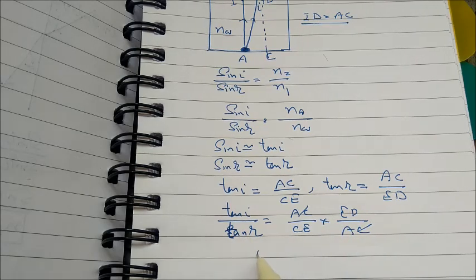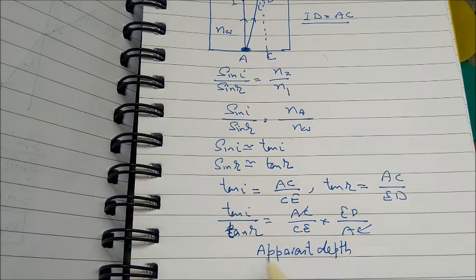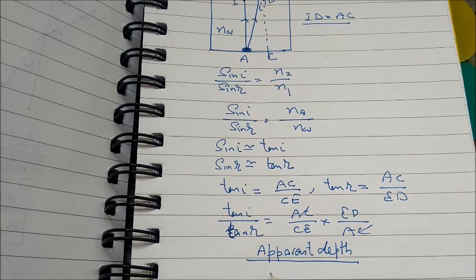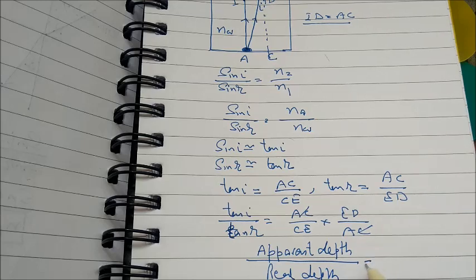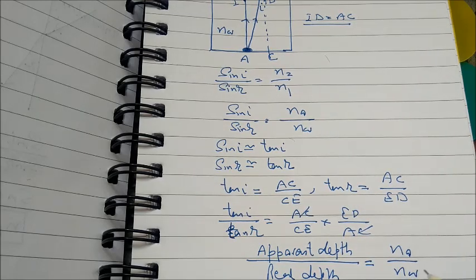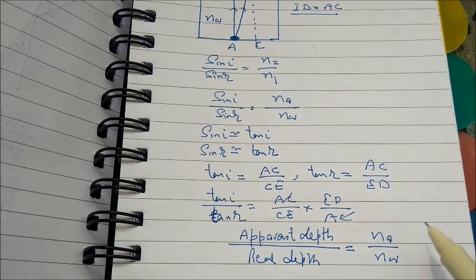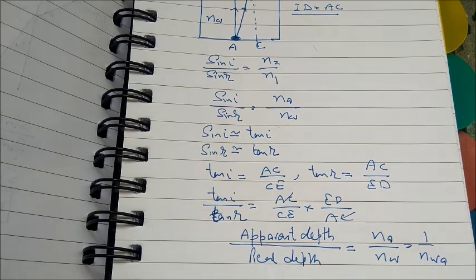ED is the apparent depth, upon CE, the real depth, and this is equal to n air upon n water, or this can also be written as n of water with respect to air.